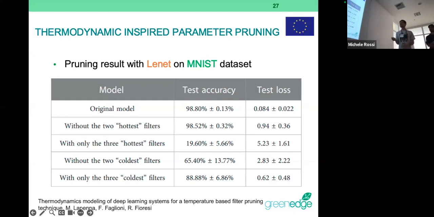Then there are other results: if you keep only the 3 coldest filters, you still get 88%, which is a good result with just half of the filters. And if you keep just the hottest filters, you have just 20% accuracy.